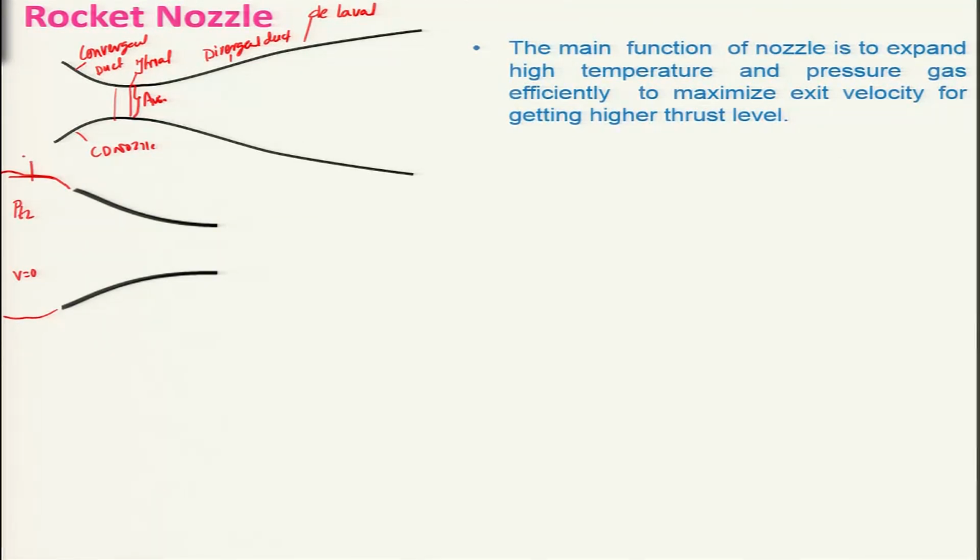I can consider this as station 2 along the x direction, with temperature T2, this is the reservoir pressure and temperature, and this is your exit plane. I can call it E.